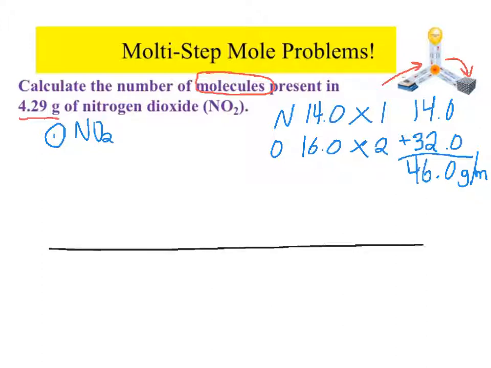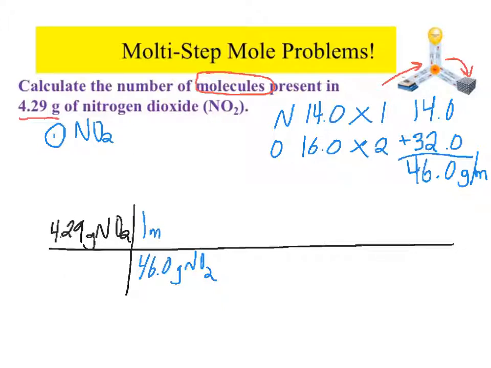So I'm going to do this in one T-chart. I'm going to start out with 4.29 grams of NO2. I'm going to use my molar mass, 46.0 grams of NO2 for every 1 mole of NO2. Next thing I need to do is go from moles of NO2 into molecules of NO2, and this is what we did yesterday during notes.